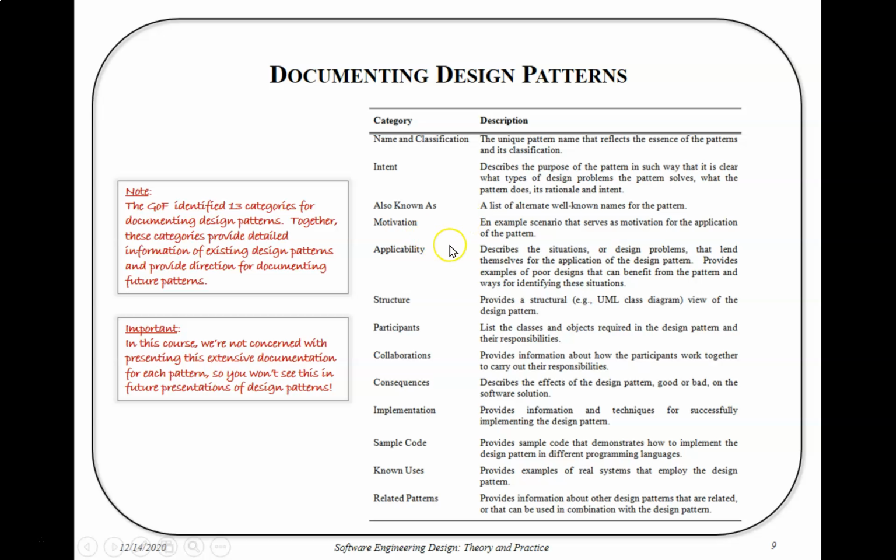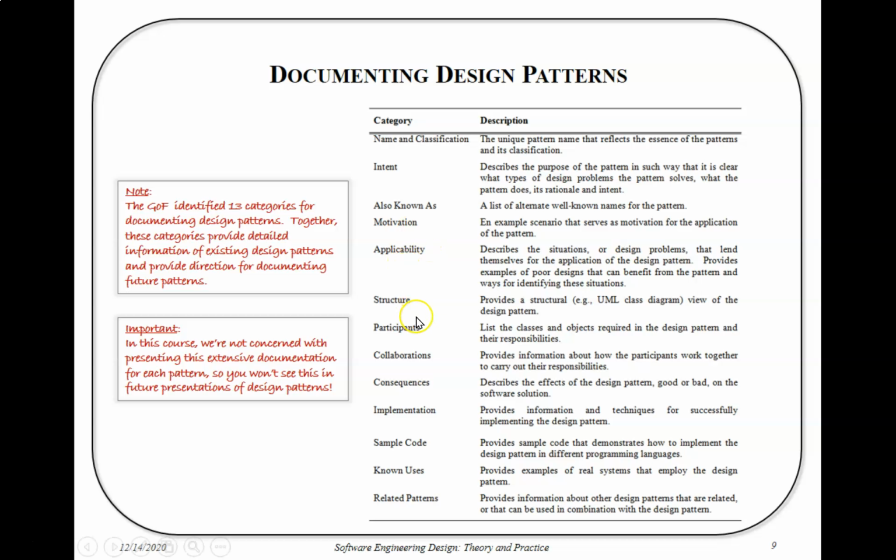Then motivation, an example scenario that we can use to describe the pattern. Applicability, which is the situations and problems that we can solve using that pattern. For example, for the abstract factory, when we want to create new objects based on the existing structure, or based on the runtime.